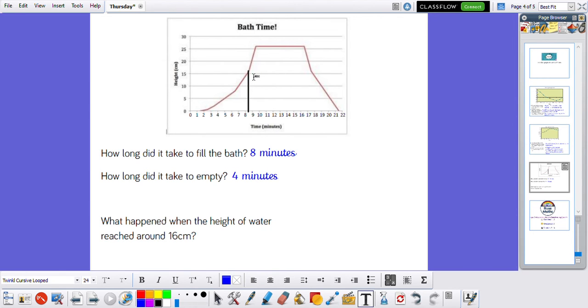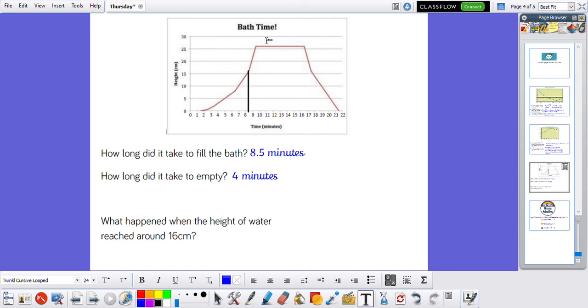Well, it's almost like somebody's got in, because if you look at the slope of the line from 0 minutes to 8.5 minutes, we can see that it's quite a gradual line. It's not steep, it's slowly going up. However, at 8.5 minutes, the line becomes really steep, which tells me that it happened quickly, okay?